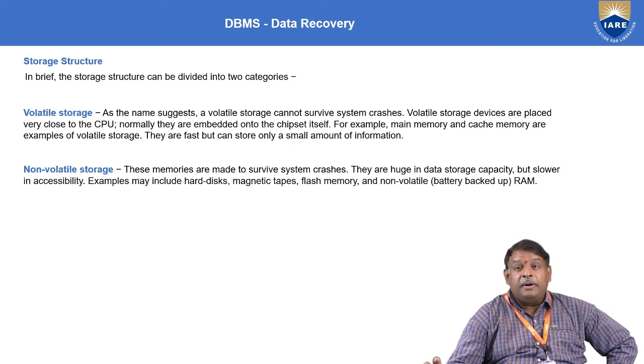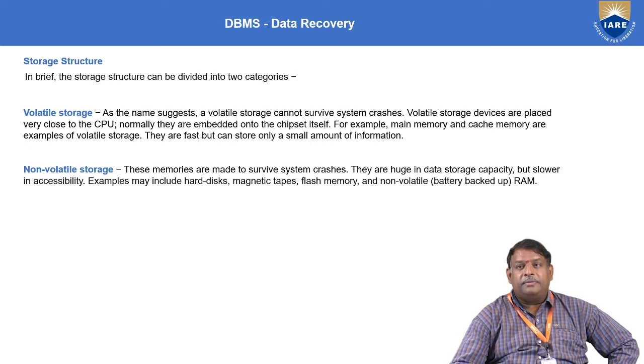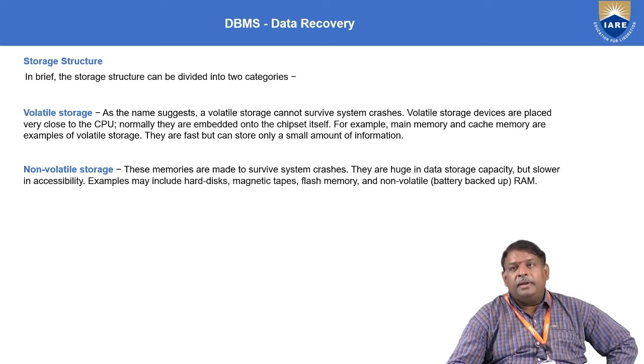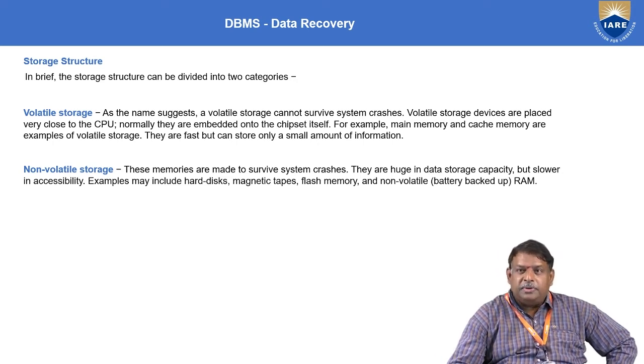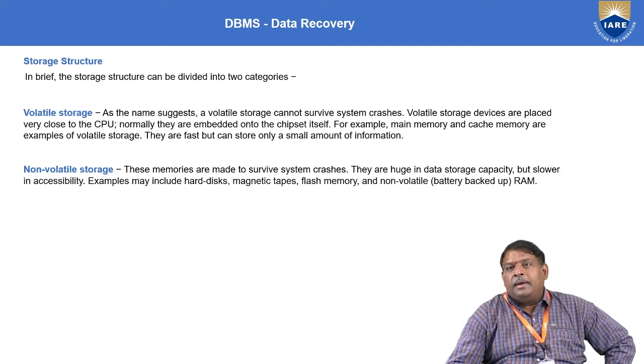Normally, they are embedded on the chipset itself. For example, the main memory and the cache memory are examples of volatile storage. They are fast, but they can store only a small amount of information.